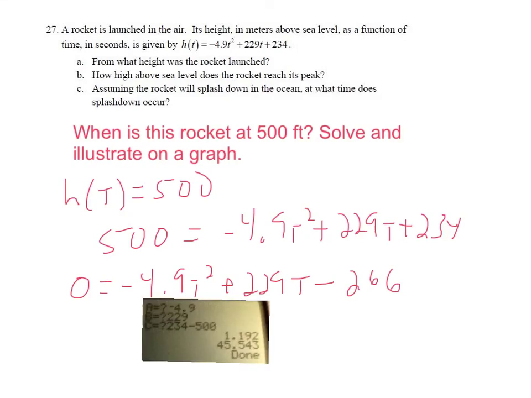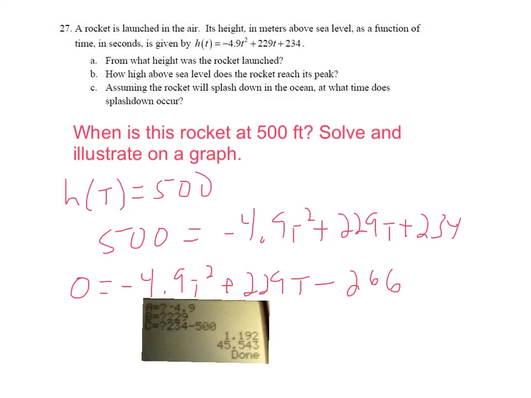So here's what my calculator told me. There's 2 times. That would make sense, because if it initially is at 234 feet, that tells me it's going to pass through 500 feet twice, once on the way up, once on the way down.